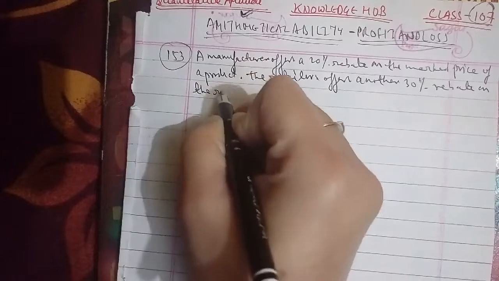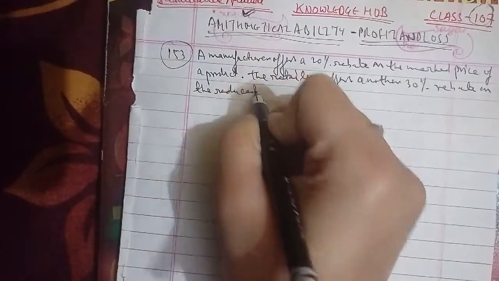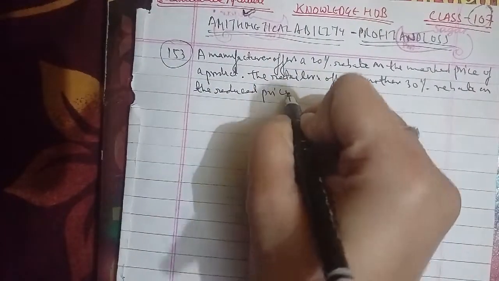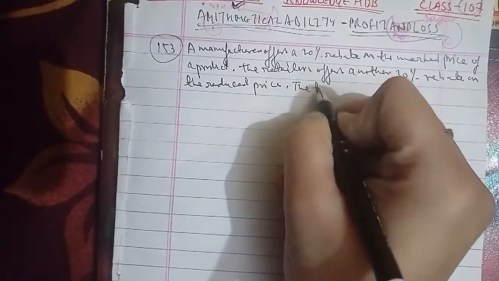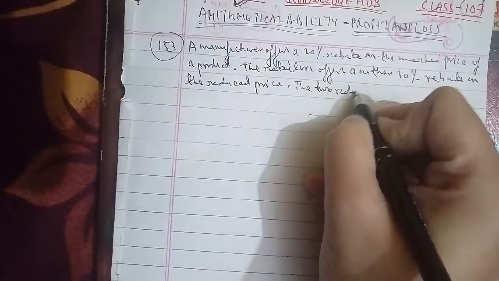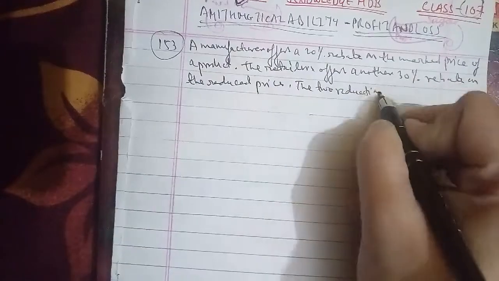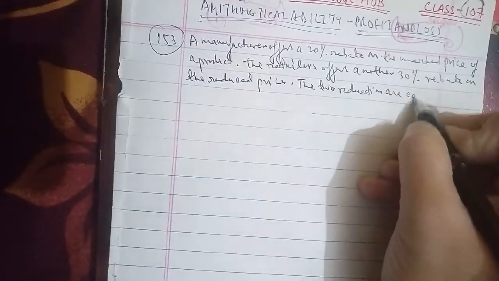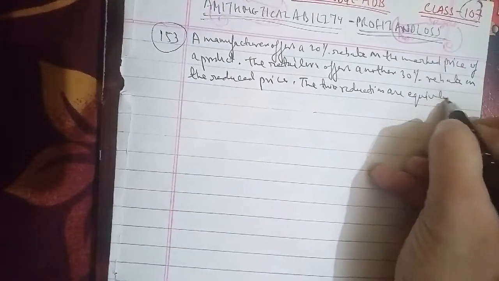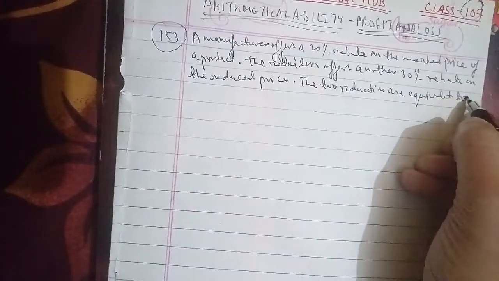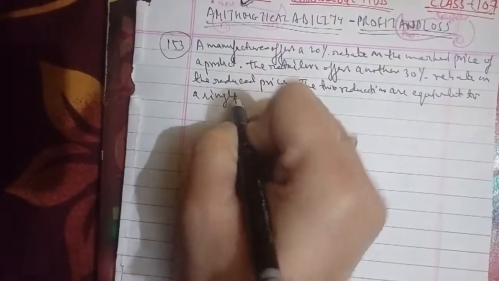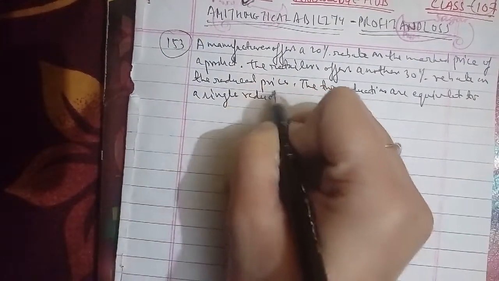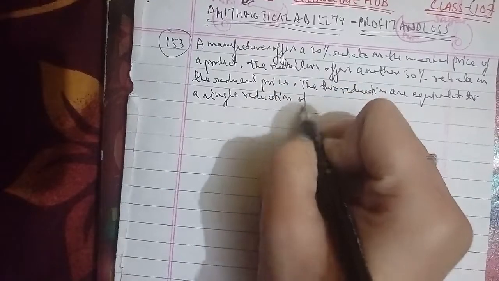The two reductions are equivalent to a single reduction of. The options are 40%, 44%, 46% and 50%. So we go ahead for the same here.